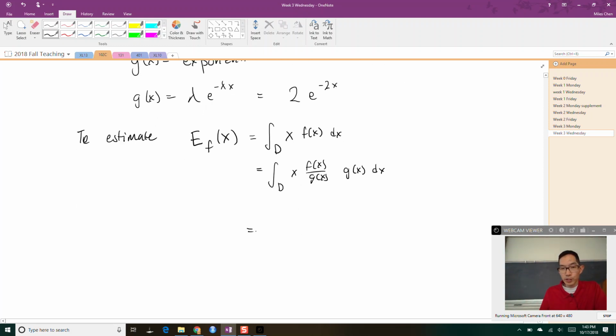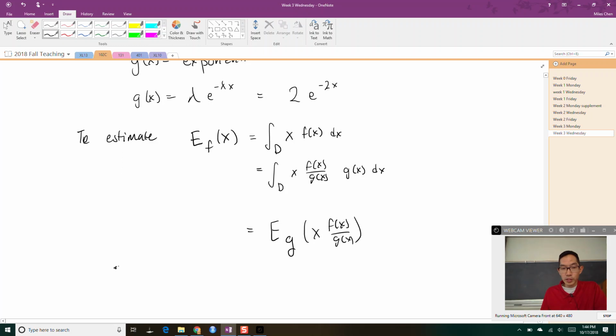This will be our function, so this will be the expected value of x times f of x over g of x over the distribution g. To estimate this, we can estimate this.